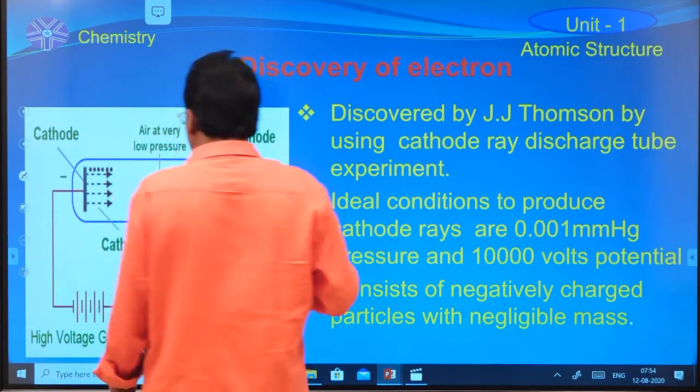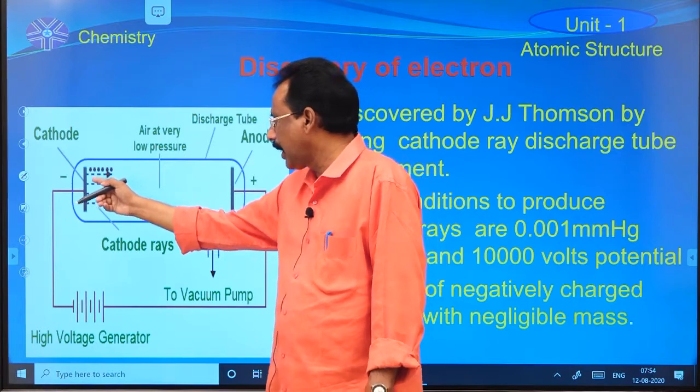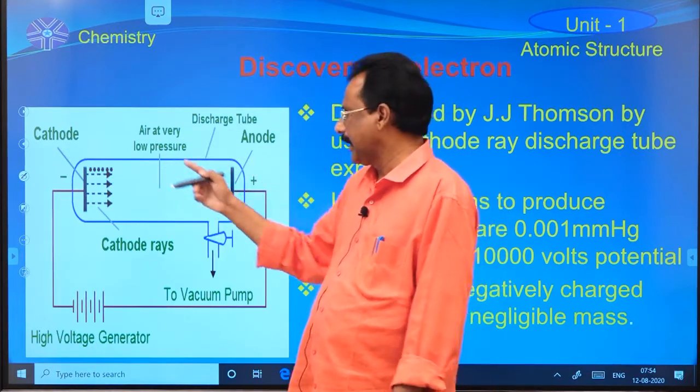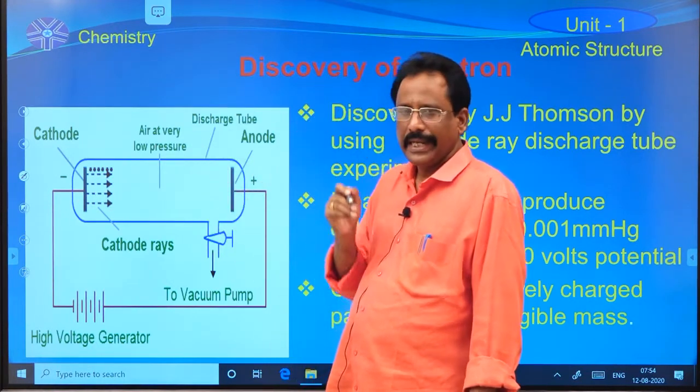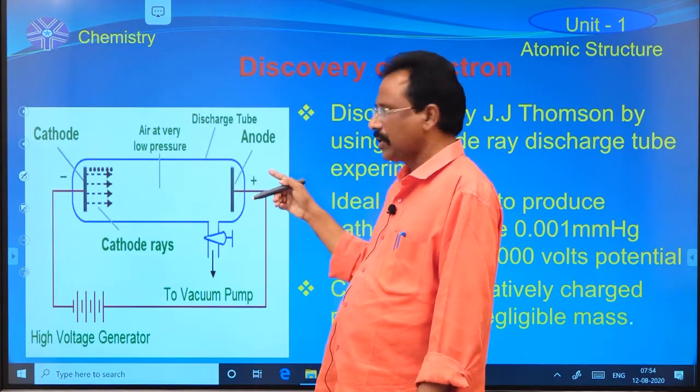These rays move from cathode to anode, which indicates these rays consist of negatively charged particles. That's why they are attracted towards the anode.